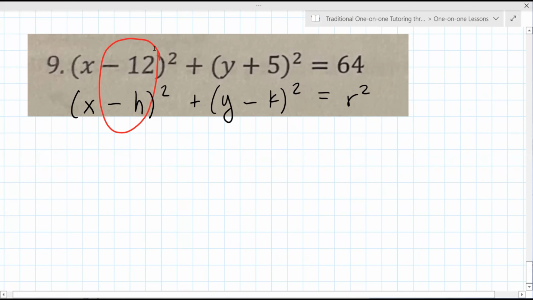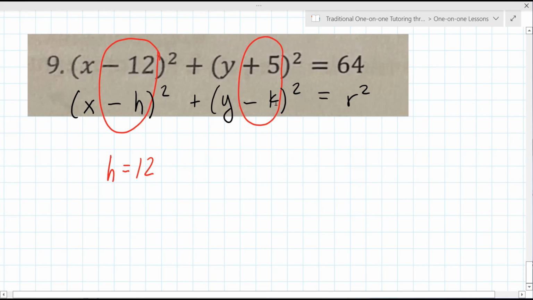Okay, so what is the value of h when they're the same sign? The value of h is positive, and it's 12. Positive 12, yes. Now over here on the right, are these the same sign? Are you looking at my screen? Yeah. Are these the same sign? No, they're not.